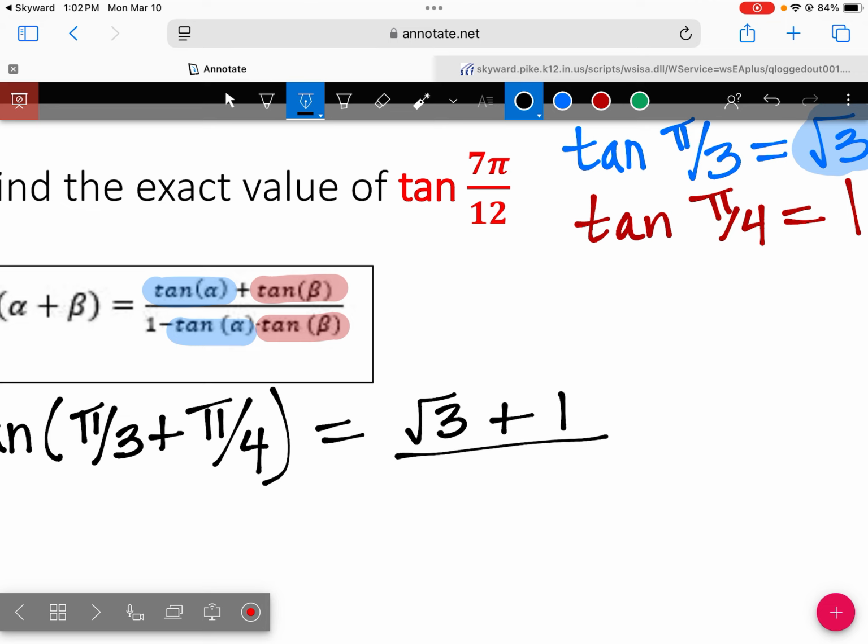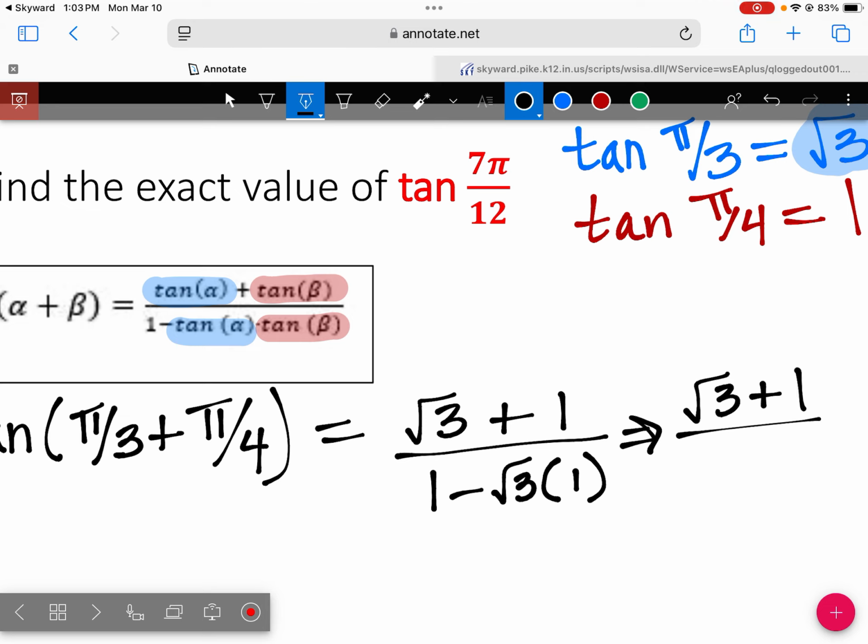That's all over 1 minus tangent of alpha times tangent of beta. So that would be root 3 plus 1 over 1 minus root 3. Now, if you made it to this point on the test, I would be so proud of you. Like, I really would. But I would not give you full credit because there's something wrong with this.